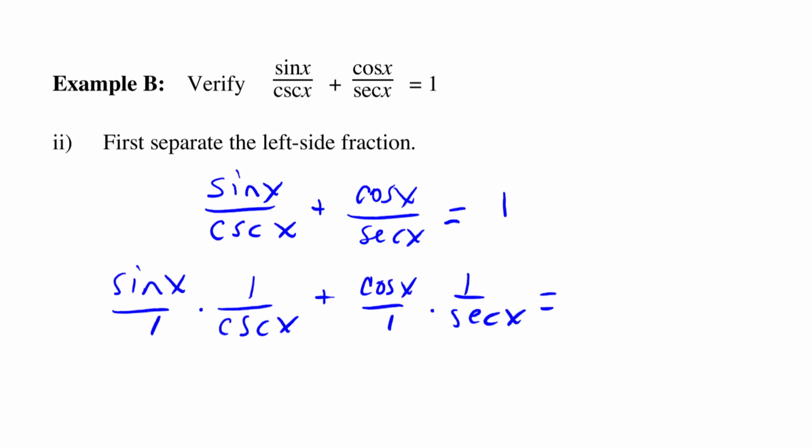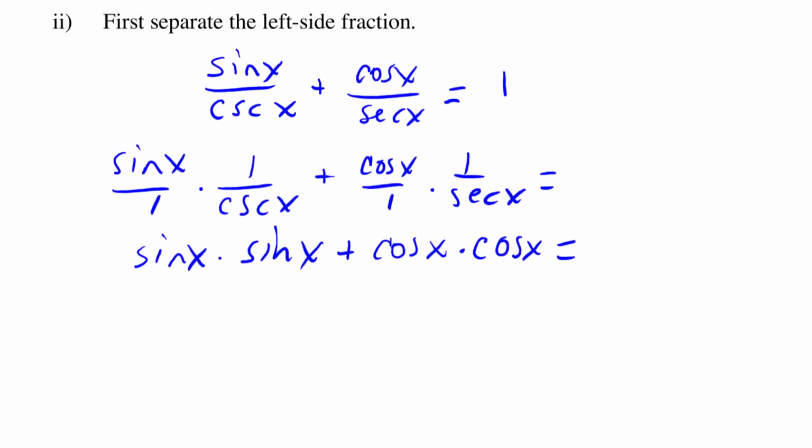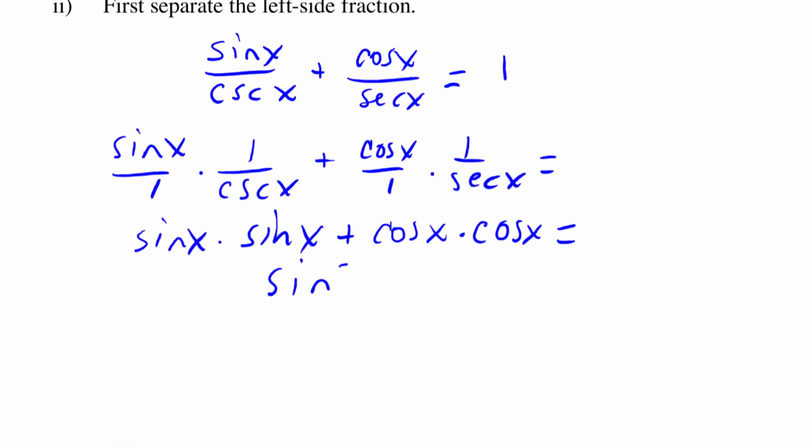I just like to show you this option. Of course, sine x over 1 is sine x, but 1 over cosecant x is also sine x, plus cosine x times, well, 1 over secant x is also cosine x. Again, we get sine squared x plus cosine squared x, and we know that that equals 1 because that's the Pythagorean identity. QED.